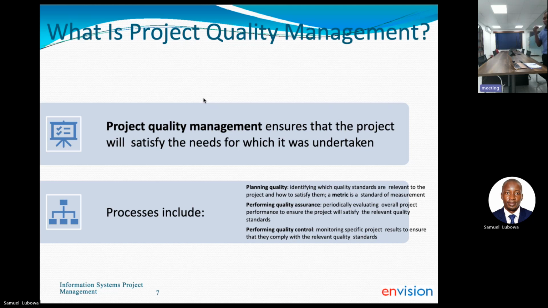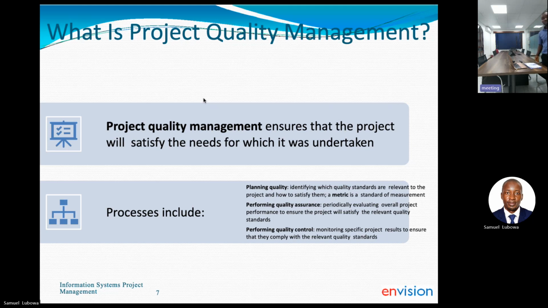If we wanted a system that allows registered voters to log in and cast their vote, once the system performs that, that is project quality management.